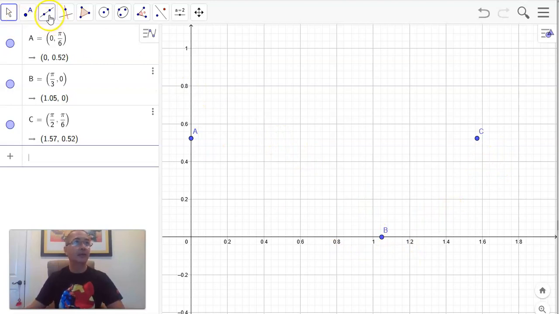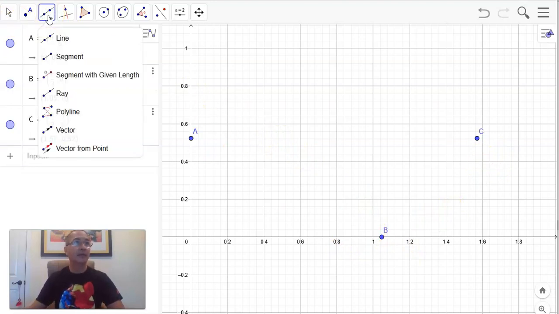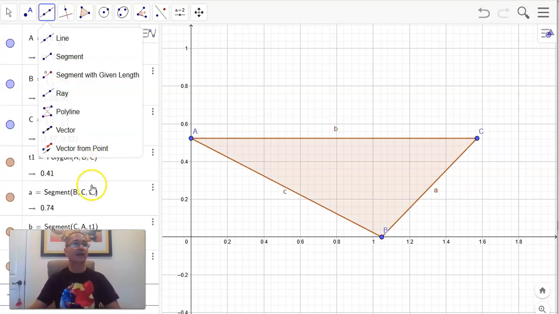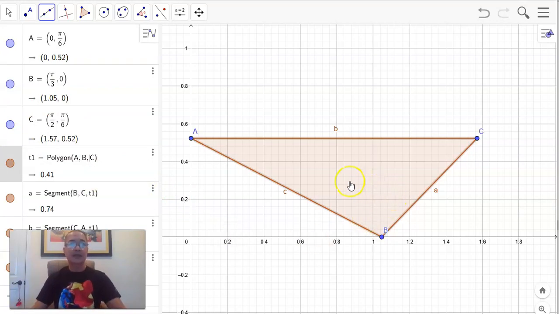So for that, we'll need a triangle. I can use the polygon command. Polygon A, comma, B, comma, C. All right, so there we go. Okay, so nice.